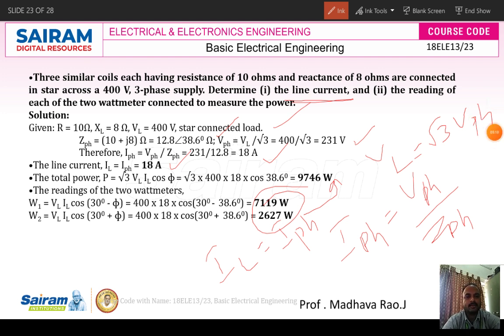So these are problems based on star connection and the two wattmeter method. This problem covers both methods. Similarly, if they ask for delta connection, we can do the same problem for delta also. In delta connection, VL and V phase are the same, and IL is equal to root 3 into I phase.